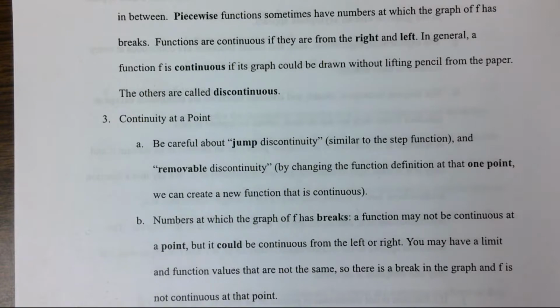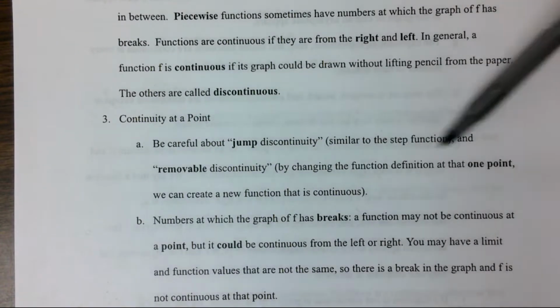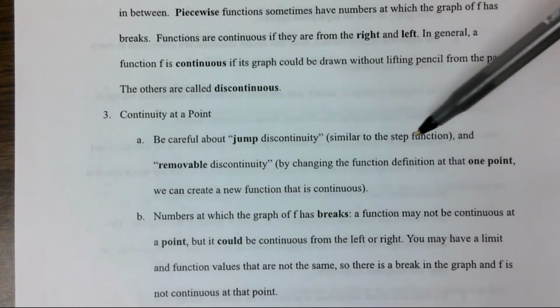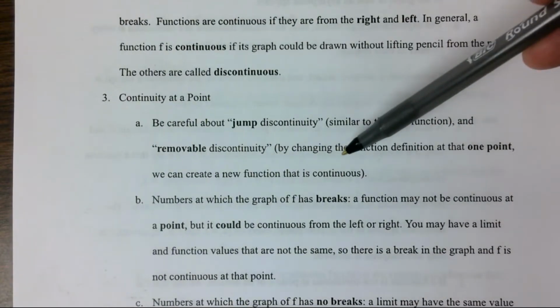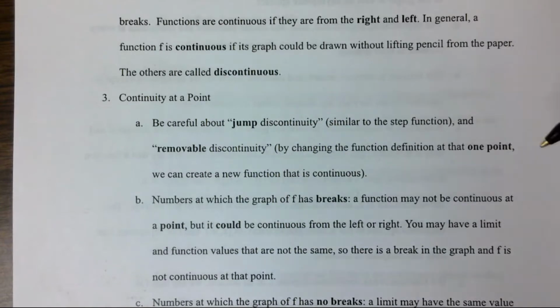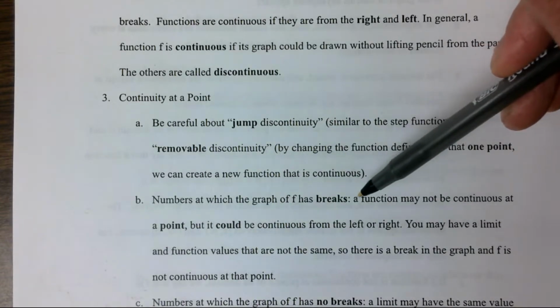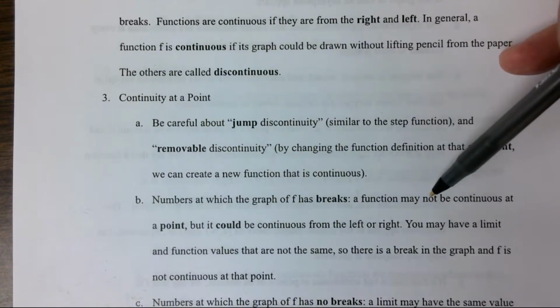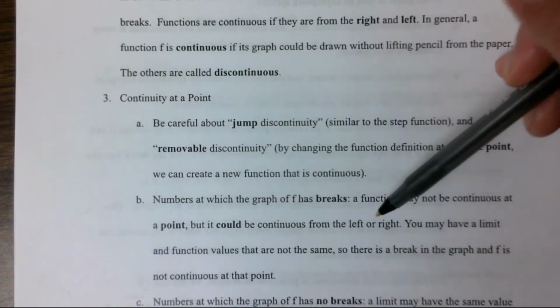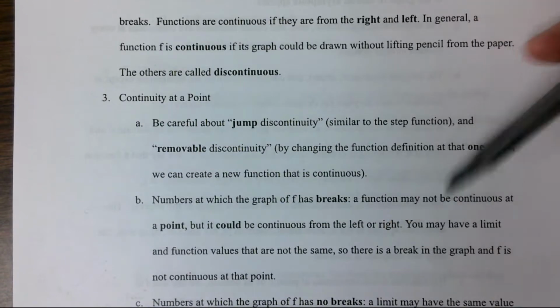Be careful about a jump discontinuity, similar to a step, and also a removable discontinuity, where you can change the function at that one point by creating something that is continuous. There are numbers at which the graph has breaks, but it may not be continuous at a point, but it could be continuous from either the left or the right.